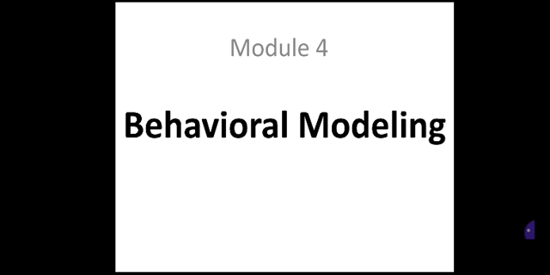That's why the name is behavioral modeling. Therefore behavioral modeling represents the circuit at a very high level of abstraction. As we discussed in module number 1, what is the level of abstraction? So behavioral modeling has the highest level of abstraction for this reason.